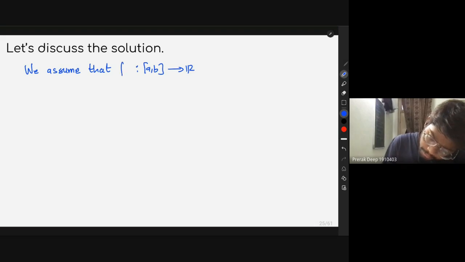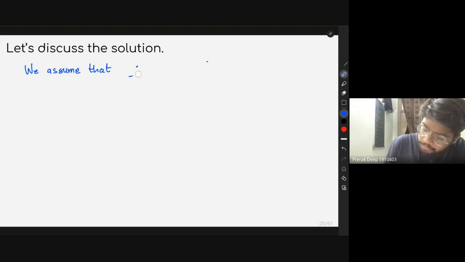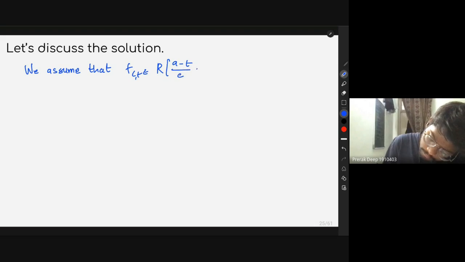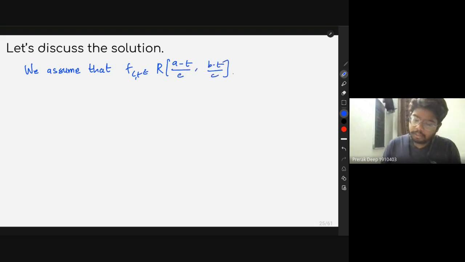Now we assume that f of ct is Riemann integrable, correct? We start with this assumption.